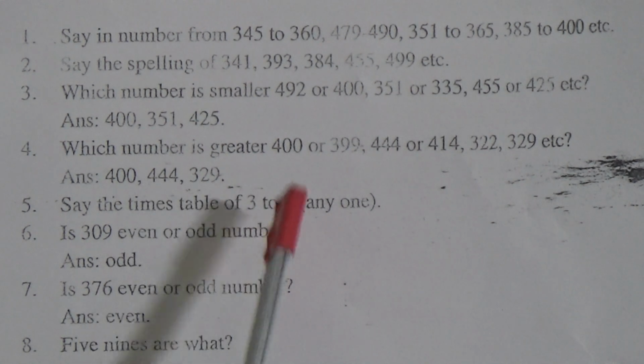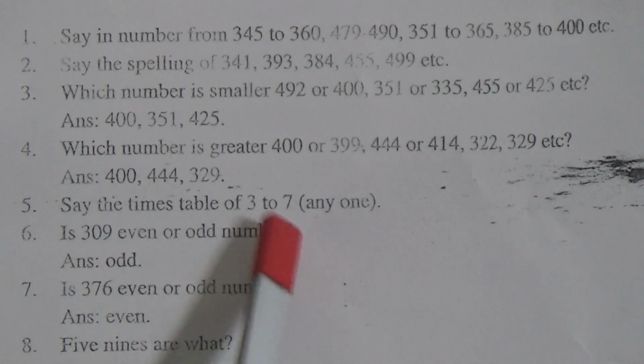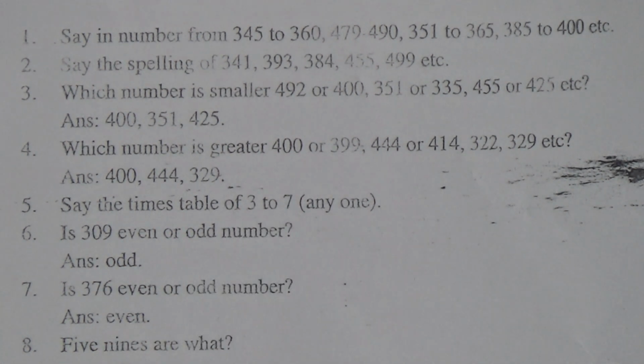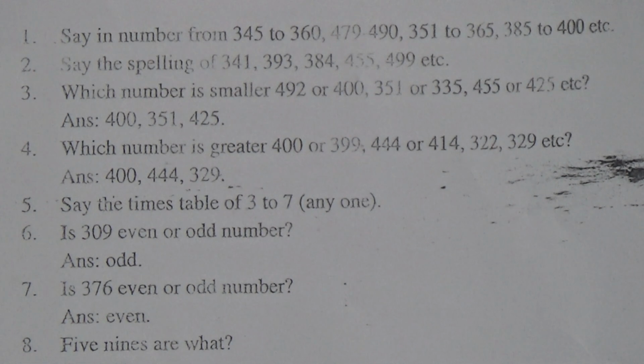So from 3 to 7 you must memorize this for the oral sheet, but in your annual examination the syllabus is 5 to 7. For these reasons, for the written examination you memorize 5 to 7, but for the oral examination you memorize 3 to 7. I hope you have understood.